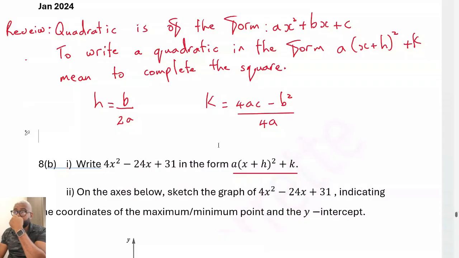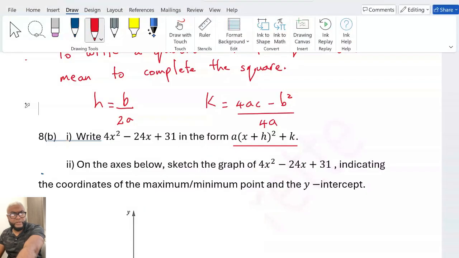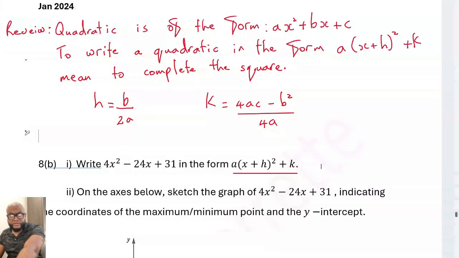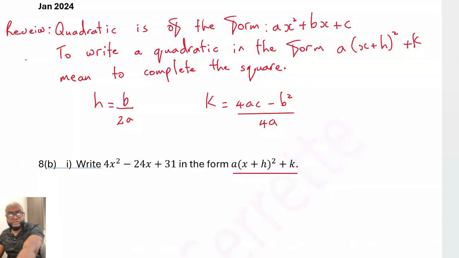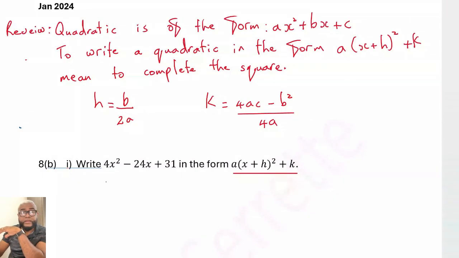Right, so we're looking at this quadratic here. I'm going to write the form for a quadratic right underneath it. What's the form for a quadratic again?